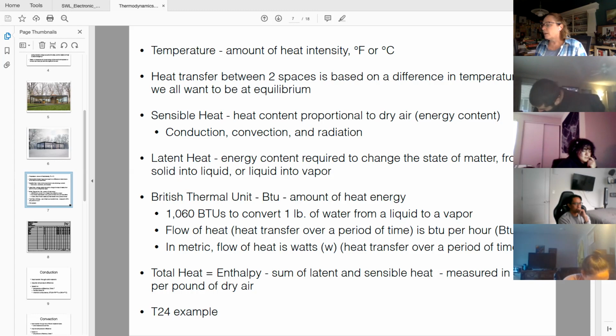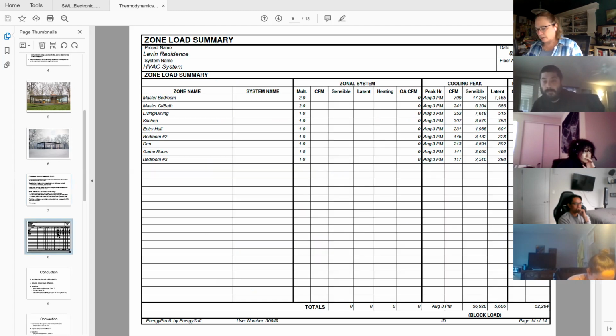Just understand that it's not flow of heat, it's just a quantity. So it's like at one given point in time. Okay, and then this is the Title 24 example. So then all those numbers would be in BTU, correct?